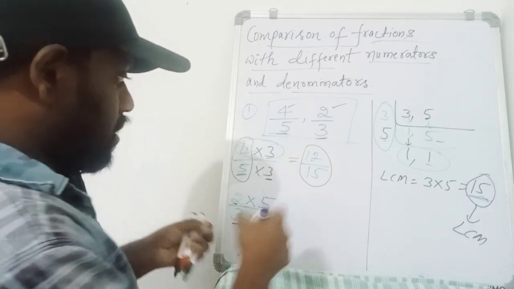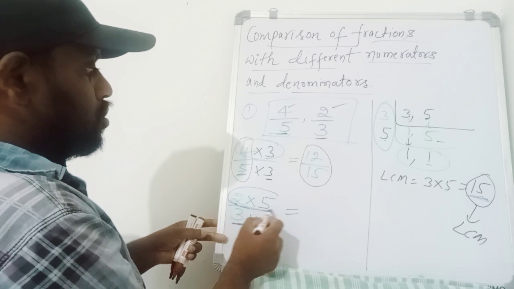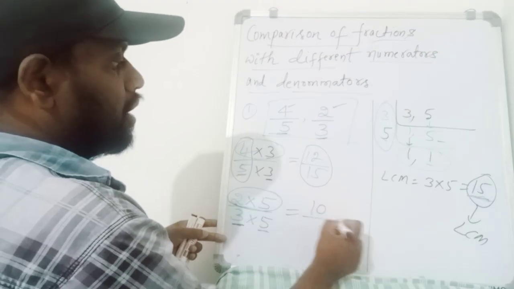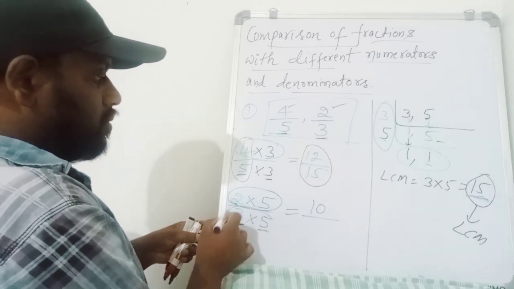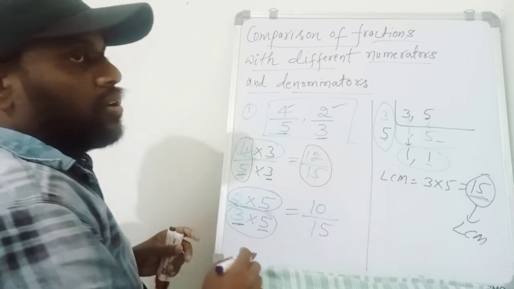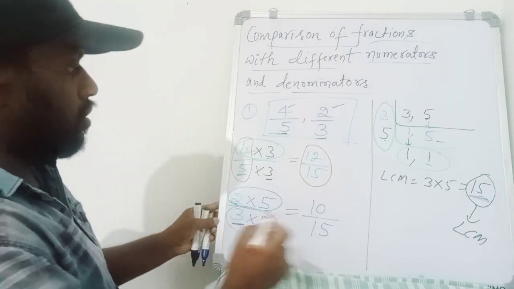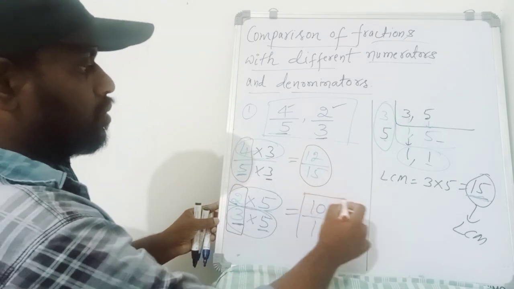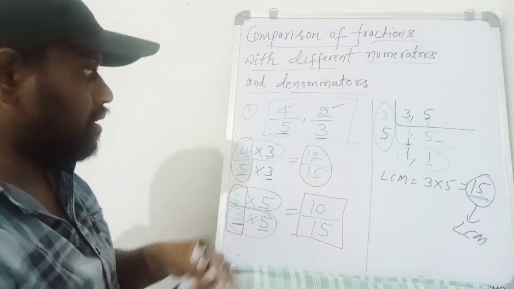Now simplification. 2 into 5, 2 5s are 10. 3 into 5, 3 5s are 15. Now this fraction 2 by 3 is equal to this fraction 10 by 15.